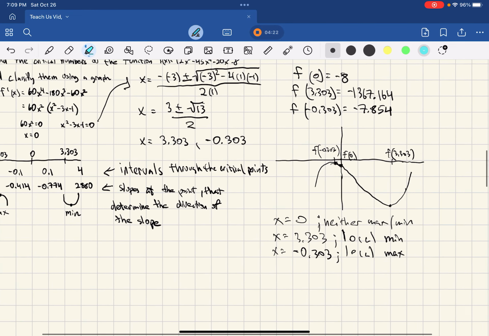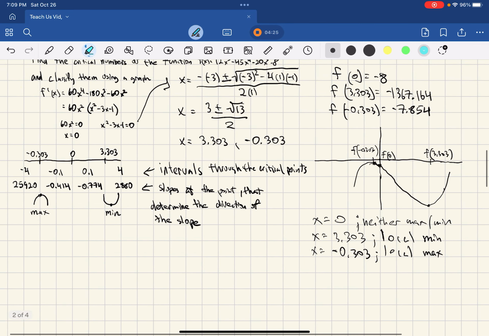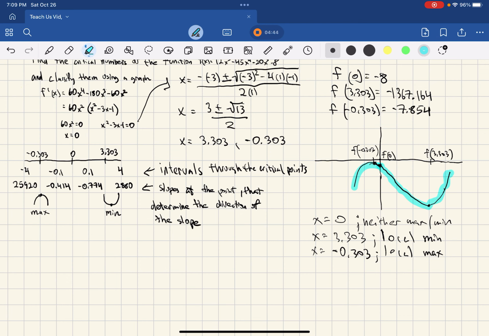Basically, if we verify it again, going from left to right, it's going up, and then down again, and then it goes up again.